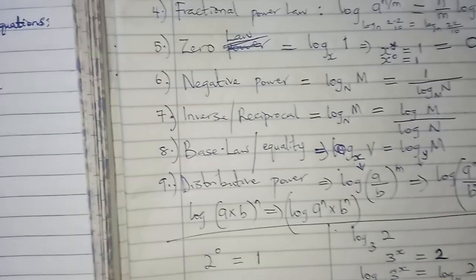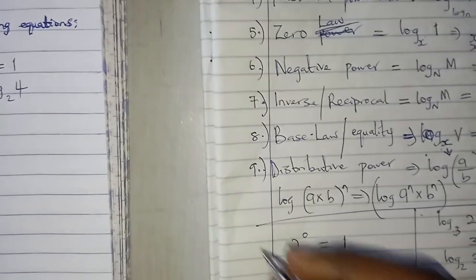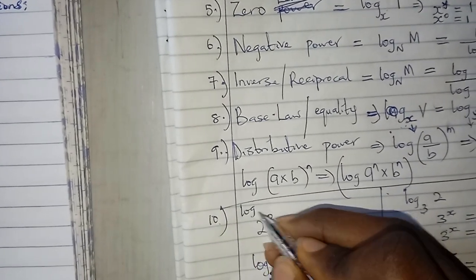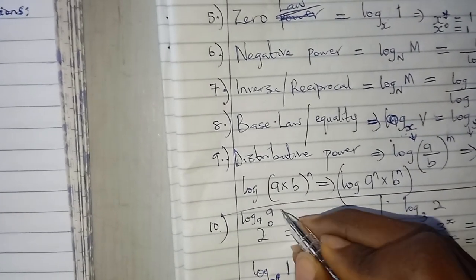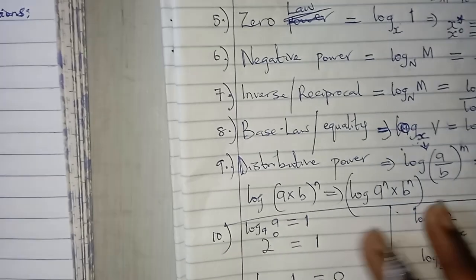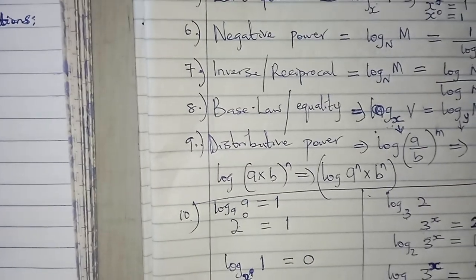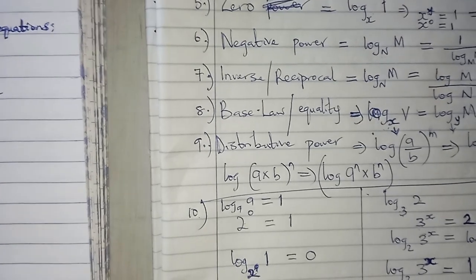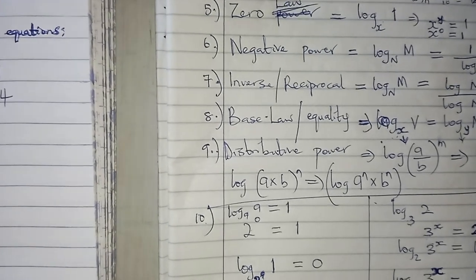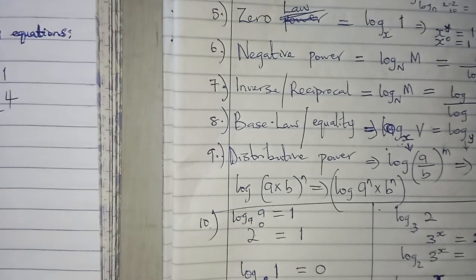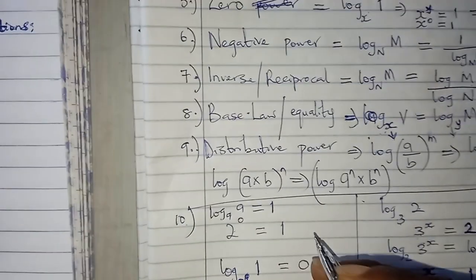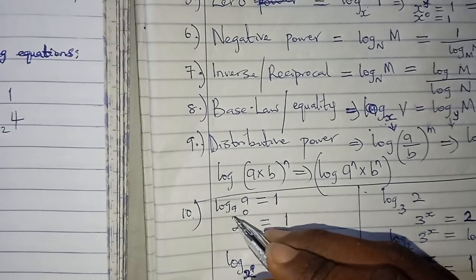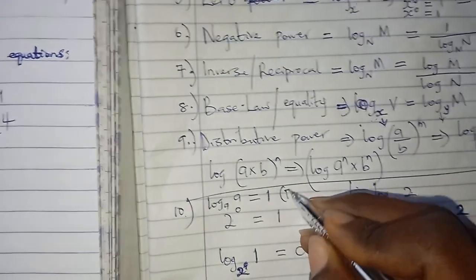But you need to know about this for the tenth one and the last one. You need to know that if I have log a to base a, it is equal to 1. So log of a number to the same base is equal to 1. I normally call this log to the same base.